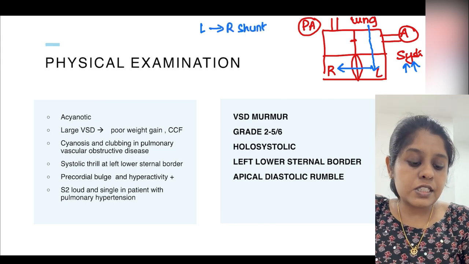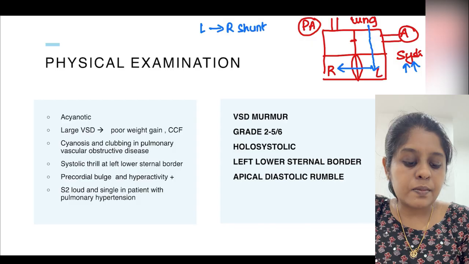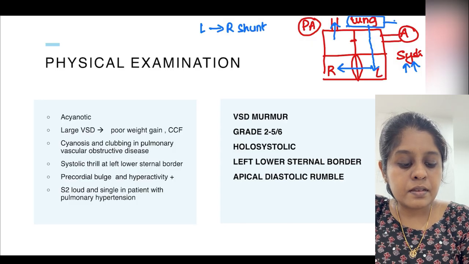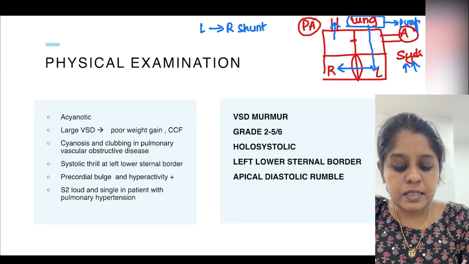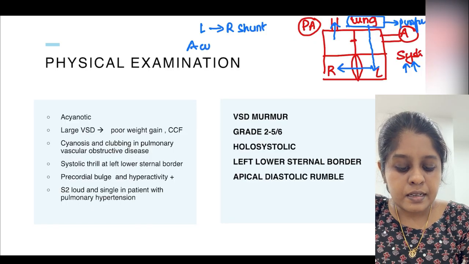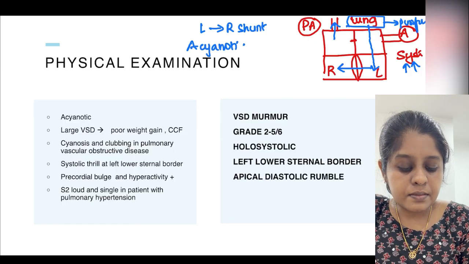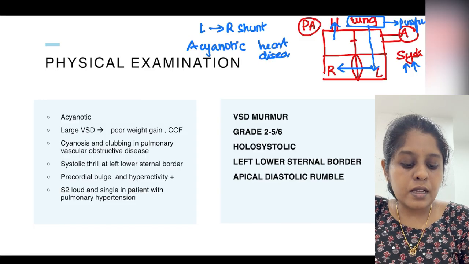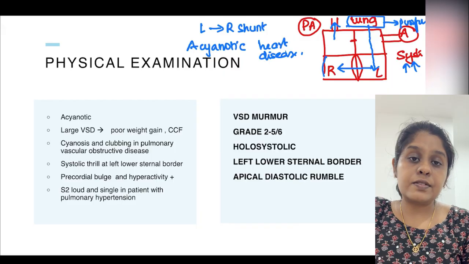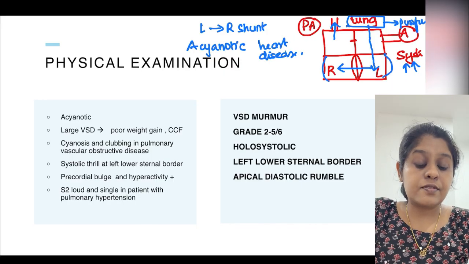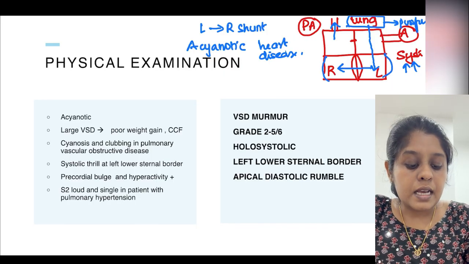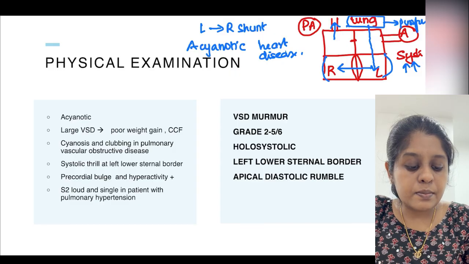But even after the shunting, the blood goes to the pulmonary artery and then to the lung and gets oxygenated. Because of this, there will be acyanotic heart disease, and there is overload to the right and the left ventricle. So both the right and the left ventricle are overloaded. The volume of shunt will depend on the size of the defect.